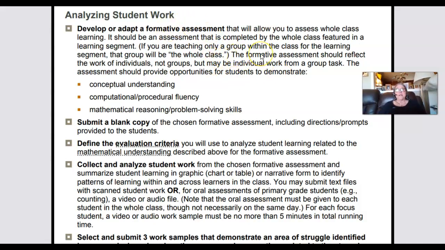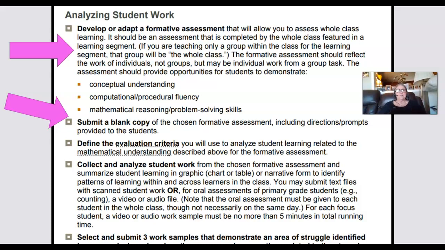But this formative assessment that either your mentor or you are going to create is going to be the work of individuals. It can't be a group assessment. It needs to be just one for each child. And it needs to include these mathematical understandings of conceptual understanding, procedural fluency or computation, mathematical reasoning, problem solving.